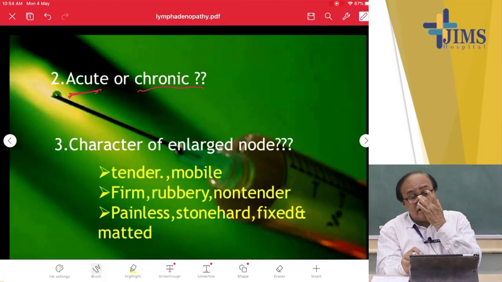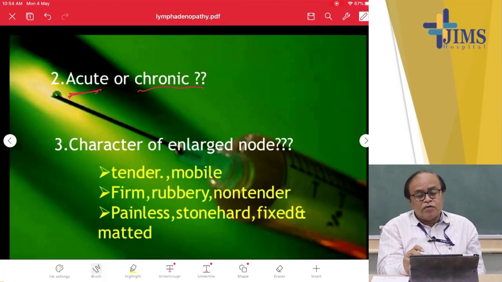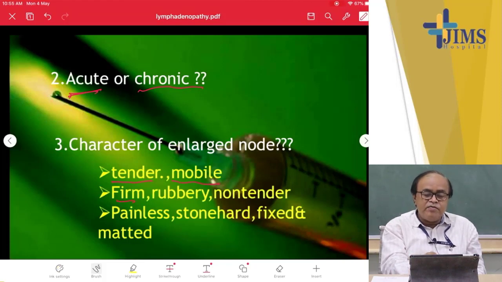During clinical classes, we have told you how to examine the lymph nodes, but just some points I am mentioning: whether that lymph node or swelling is tender or not, whether swelling is mobile or fixed, and consistency, whether it is firm, rubbery or non-tender, and whether it is painless.